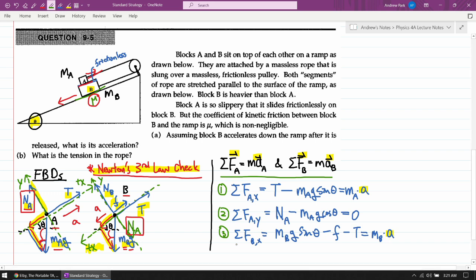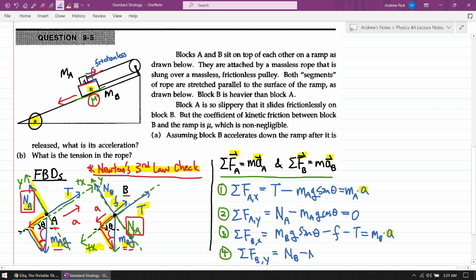We have one more equation, that is the net force on B in the y direction. That's equal to, I got more forces again. I have the normal force from the inclined plane. Let me write it down as positive N_B. And I have the reaction force from the block A that's going in the negative y direction.